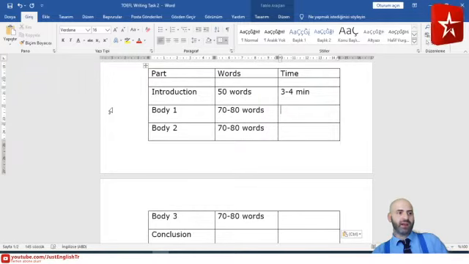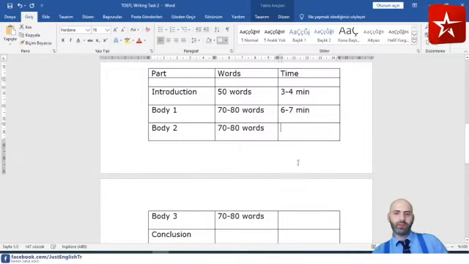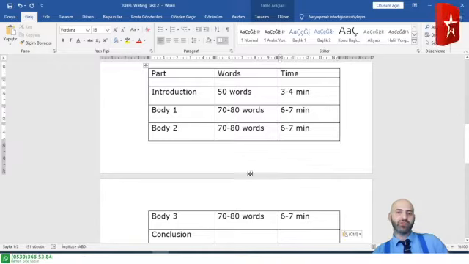I will take the answer for this one from Tutku and Hussein, because we can spend 6 to 7 minutes. So maximum 7 minutes we can spend on each one. Now let's see our conclusion paragraph.